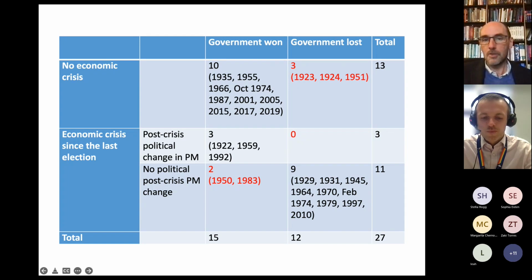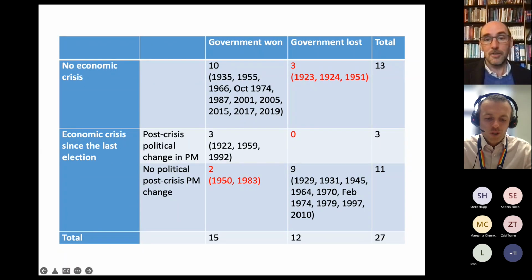1922, 1959, and 1992. So this was Lloyd George being dropped in favour of Balfour in 1922, Anthony Eden after the Suez crisis being dropped in favour of Macmillan in 1959, and Margaret Thatcher being dropped after the early 90s recession in favour of John Major. And in each of those cases, the government actually won by changing prime minister.